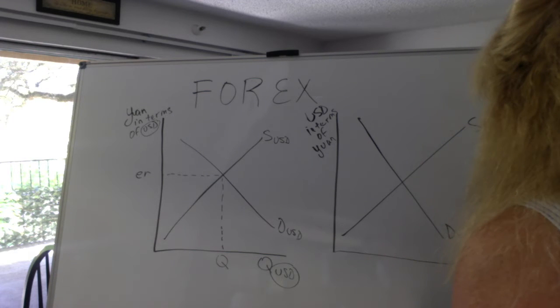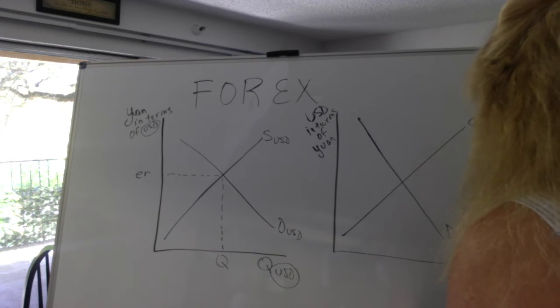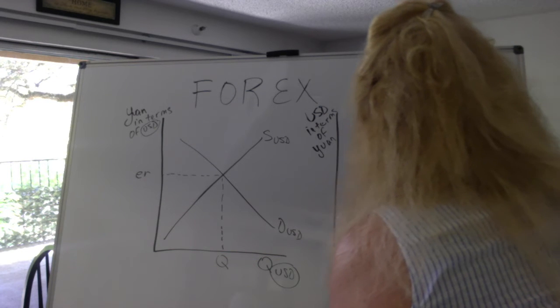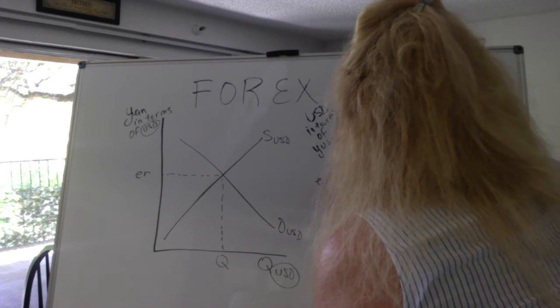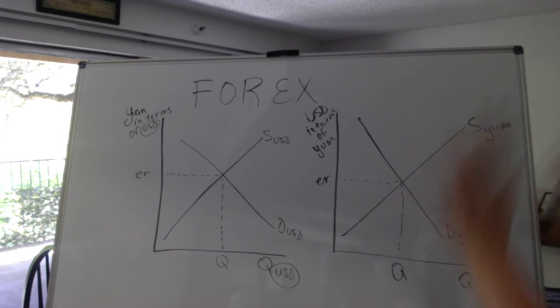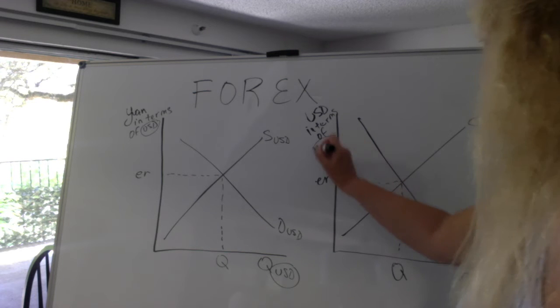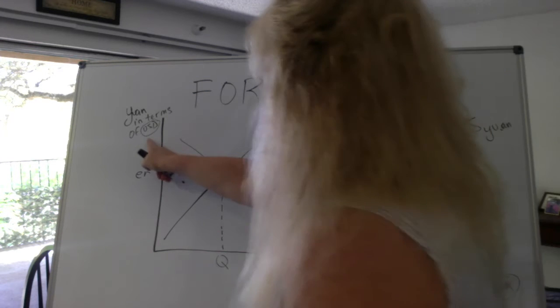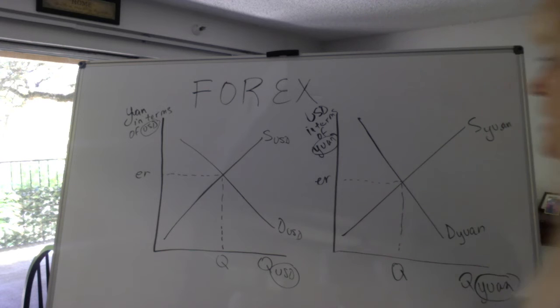So here we have the demand of our yuan, and the intersection, once again, is the quantity and the price, which is the exchange rate. So here we have set up two diagrams, one for the USD, one for the yuan. Again, you can see yuan, yuan. The bottom currency here matches the quantity currency here.